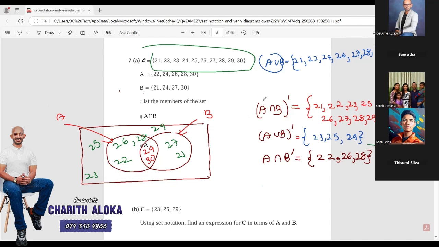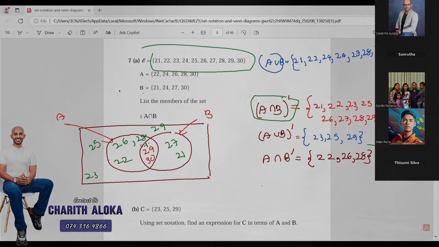Right. How do you get this one? The first one, A intersect B complement. That means for the A intersect B complement, we have to get this region.